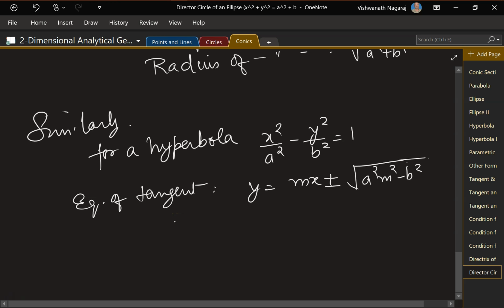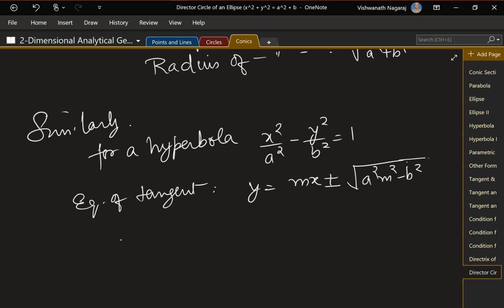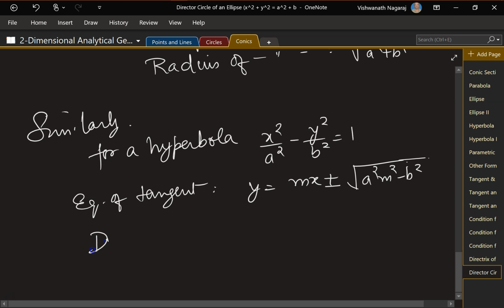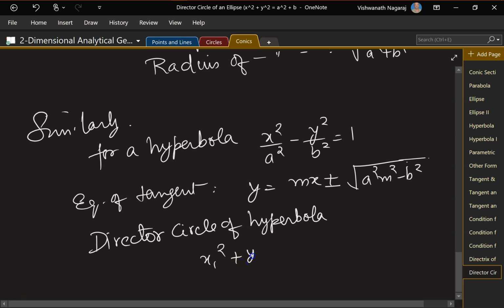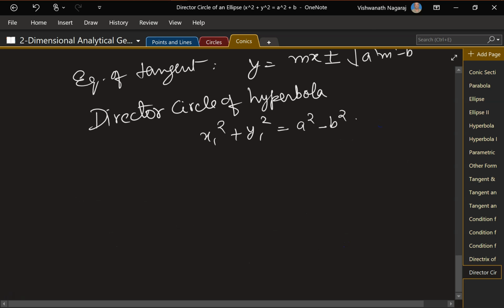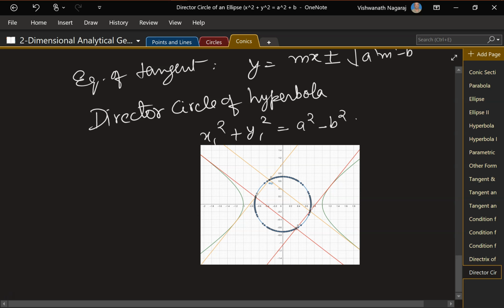Use the product of the slopes, do the substitutions, simplify it, and what you would get is the director circle of the hyperbola, that is x1 square plus y1 square is equal to a square minus b square. And if you want to see how it looks figuratively, this is how it looks.